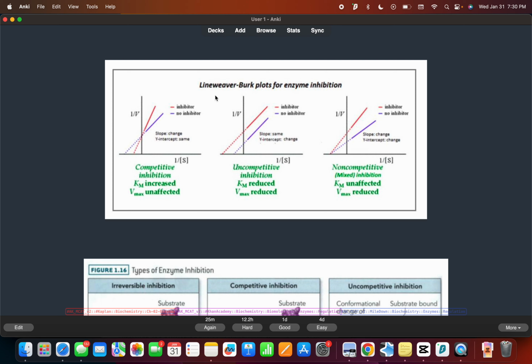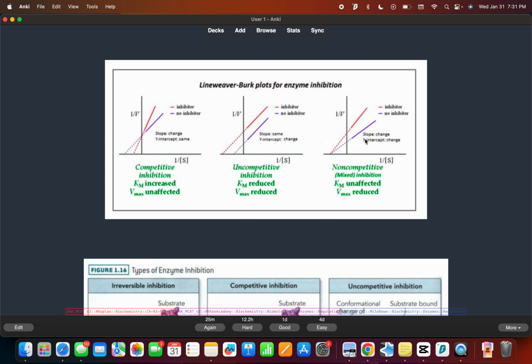The Lineweaver-Burk plot is also important. For the competitive inhibitor, we want the lines to meet at the y-intercept, because the Vmax is not changing.